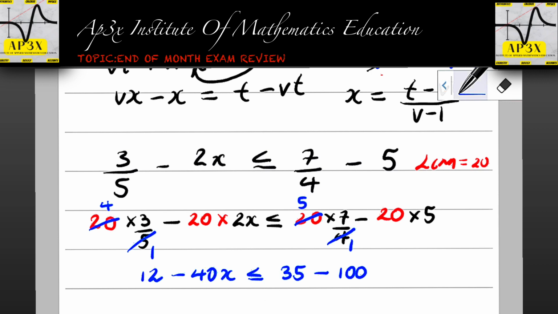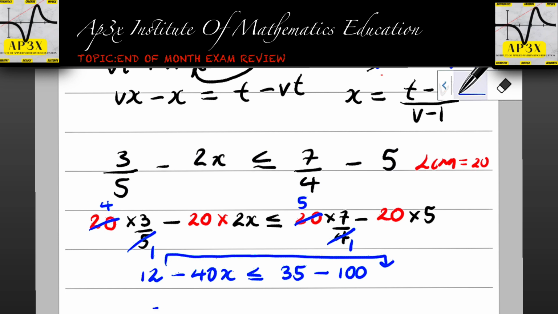Now in this case here, I'm just going to go against what I would normally do because I'm very concentrated. I'm in practice mode. I'm feeling very confident in my ability and I know the rules. So I find it more challenging to bring over the 35 and the 100 and then bring over the negative 40x, as opposed to simply focusing here, bringing over the 12 on this side.